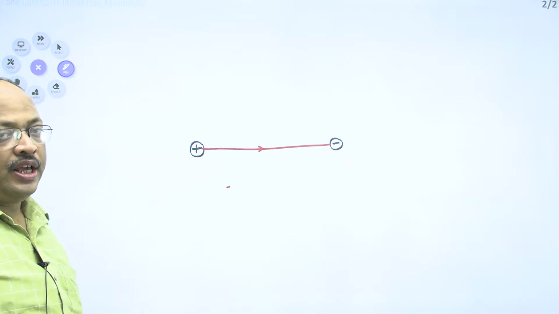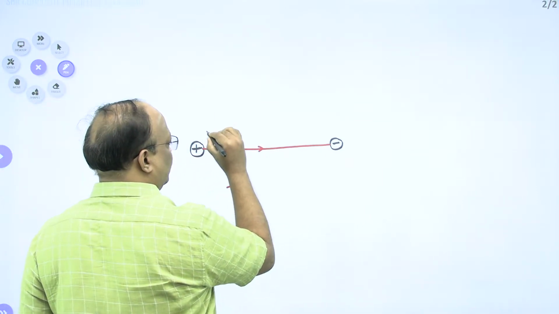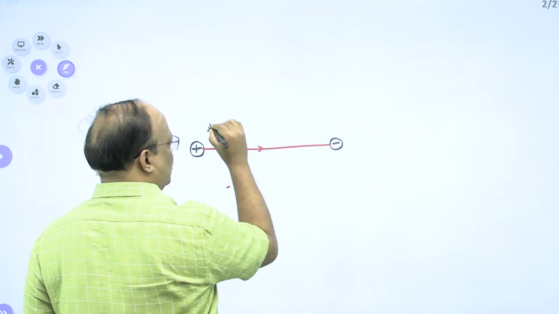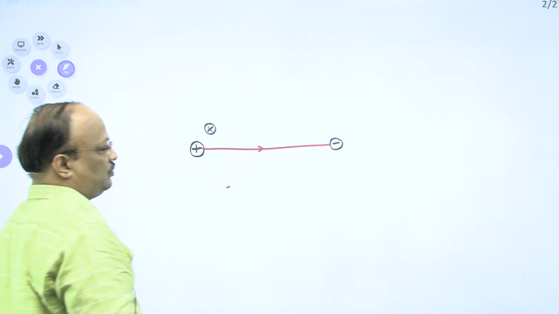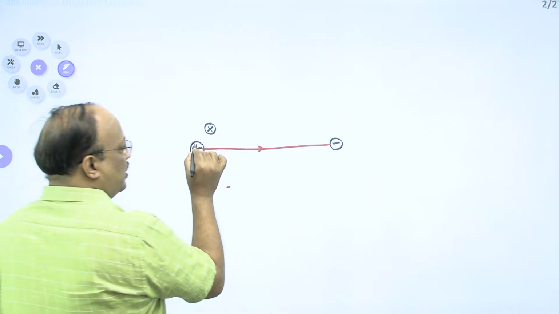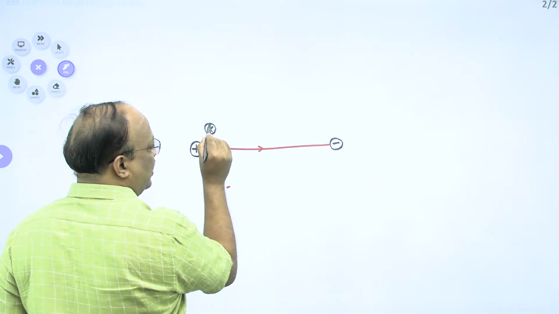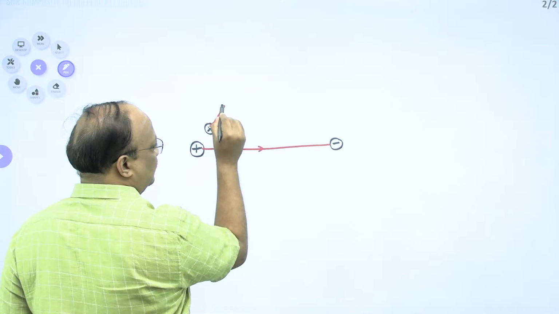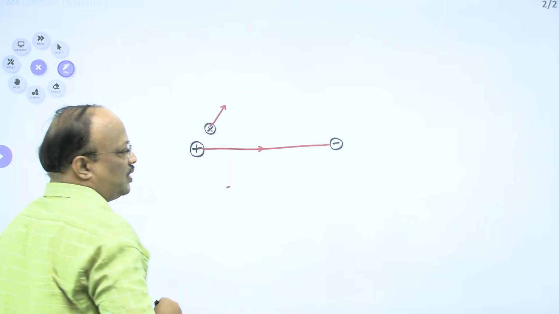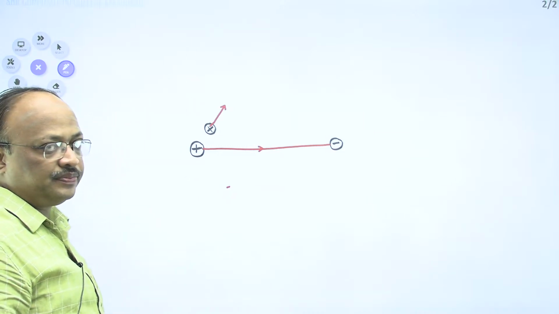Next, if I keep a positive charge here, what will it be? This positive charge is repelling it in this way.